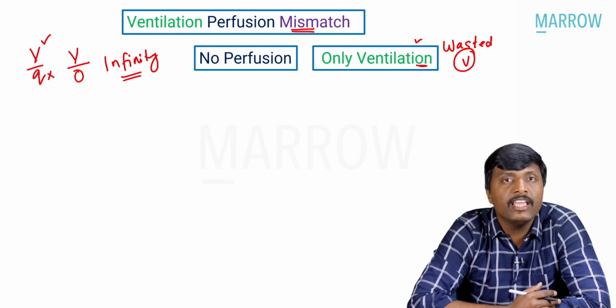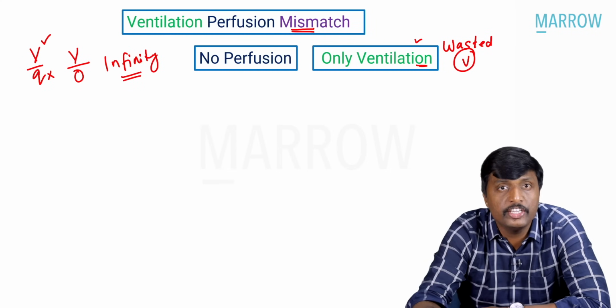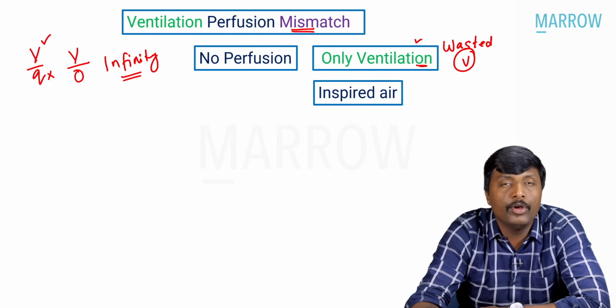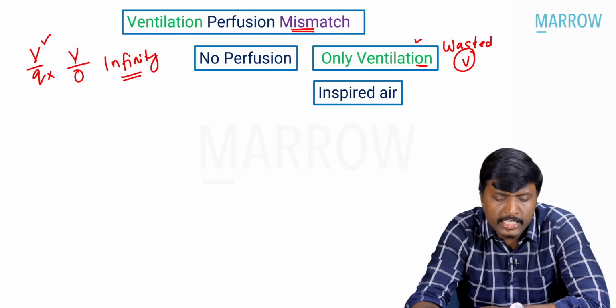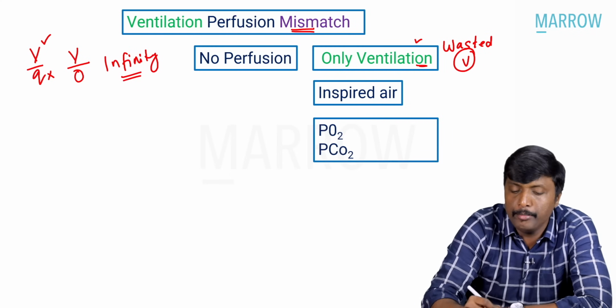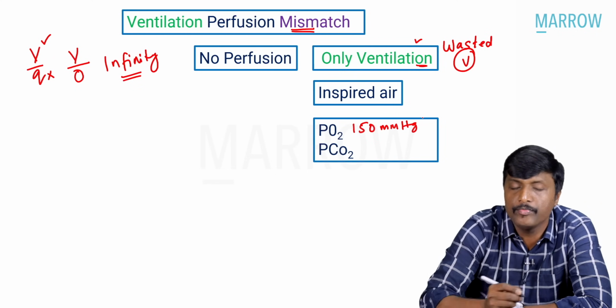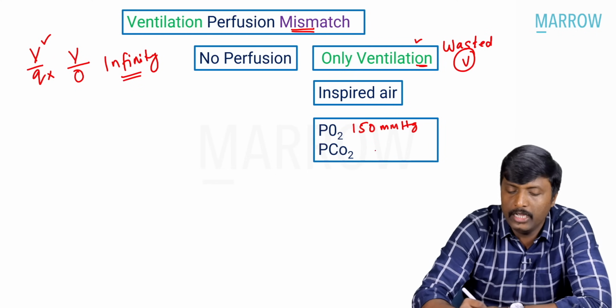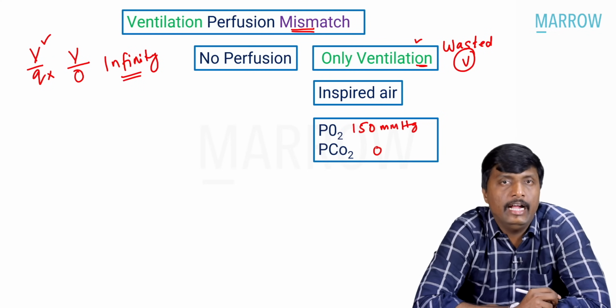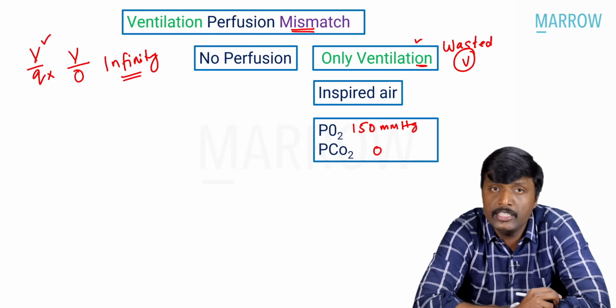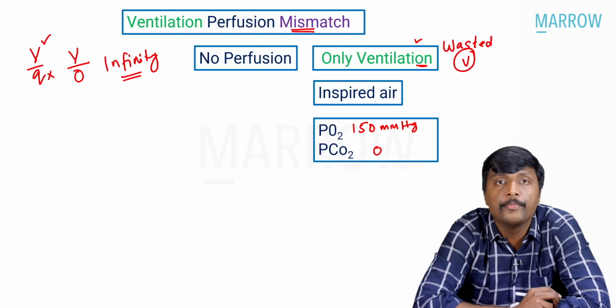There is no blood for gas exchange. That means this ventilation is an inspired air. Very important concept. In inspired air, we have the PO2 of around 150 millimeters of mercury, and PCO2 in inspired air is usually nil.